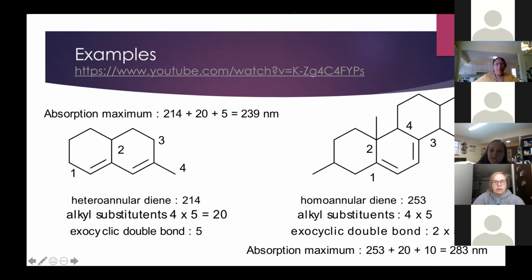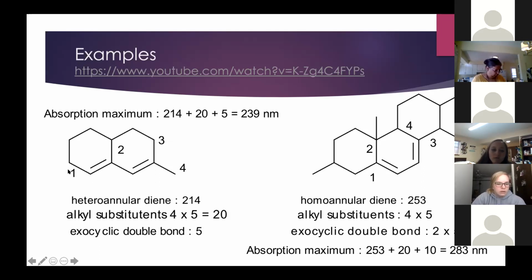Would you be able to explain a couple of things? So in both cases, you have 4 alkyl substituents. Could you point those out to us, please? I just want to make sure. Can you see my mouse on the screen? Yeah, we are able to see it. Okay.